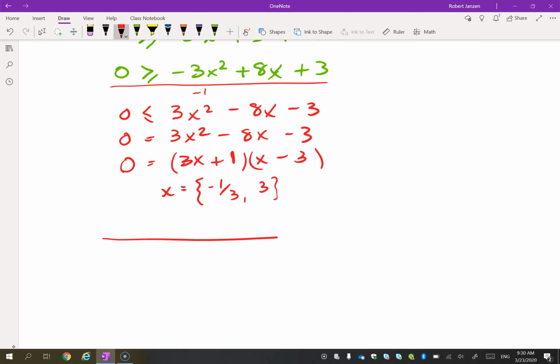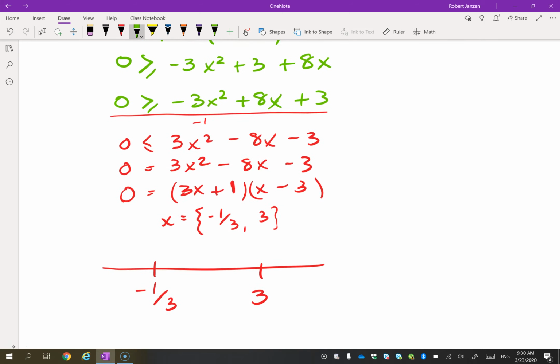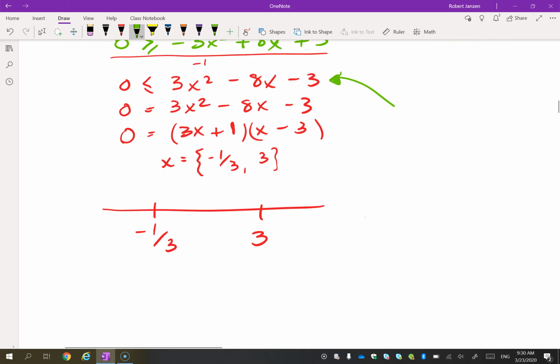Let's put those on our number line. And I want to test some values because I want to know where is this entire inequality greater than 0? Where is it positive?